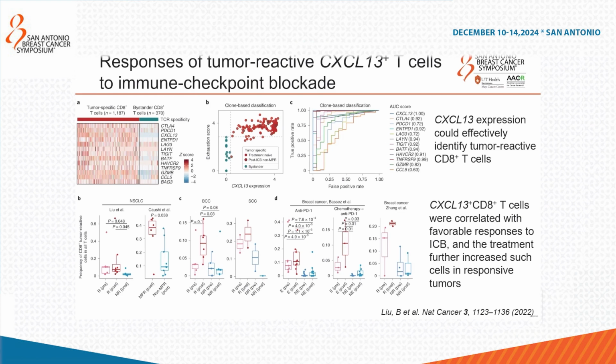And I would like to stay a bit more on the CXCL13 positive cells that were shown in several publications now, that the CXCL13 subtype can be a good biomarker of tumor-specific CD8 and CD4 positive cells as opposed to bystander T cells.